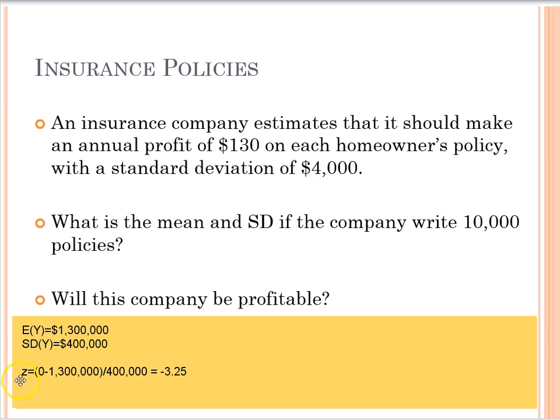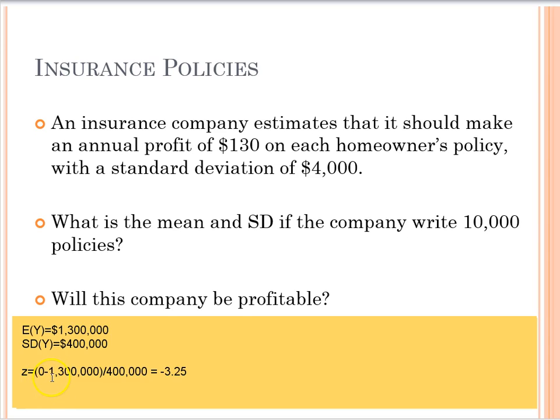So when we calculate our z-score, remember we put our observation first. Here the problem doesn't give us a specific number, but to be unprofitable means you make a negative amount. So 0 means you have no profit, and we want to know how unusual is it to have no profit. Anything greater than 0 is obviously going to be profitable for the company.